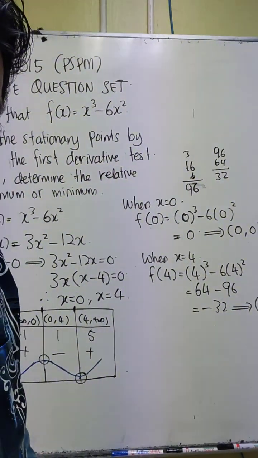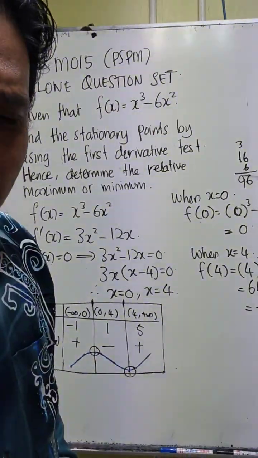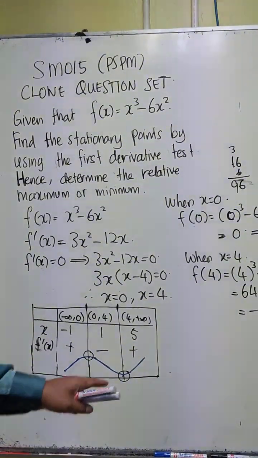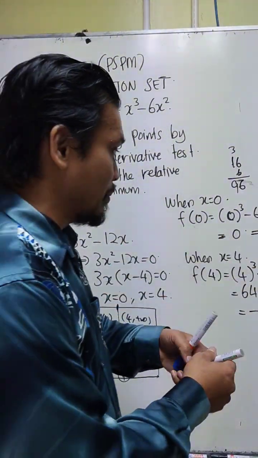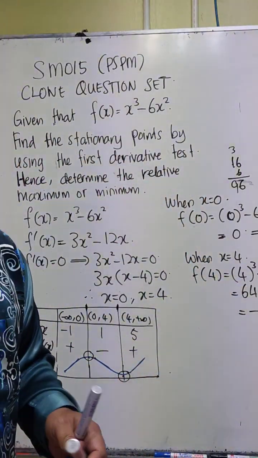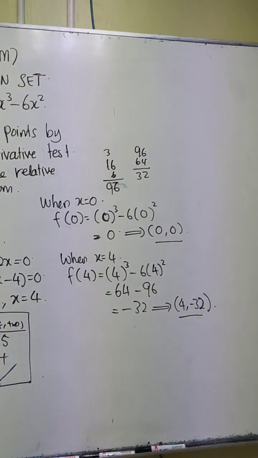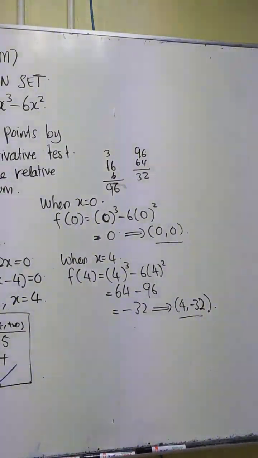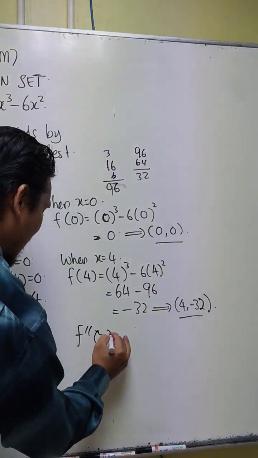Okay, now class, we have already done the first derivative test and found the coordinates of the stationary points. Now we are going to test for the relative maximum and minimum. We differentiate to get f double prime x.